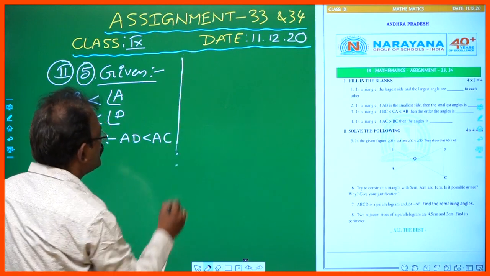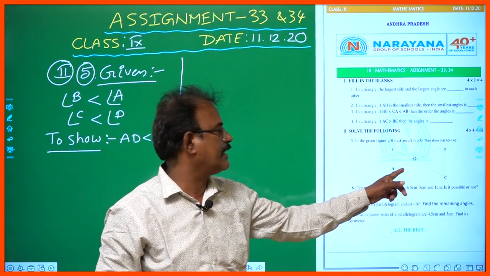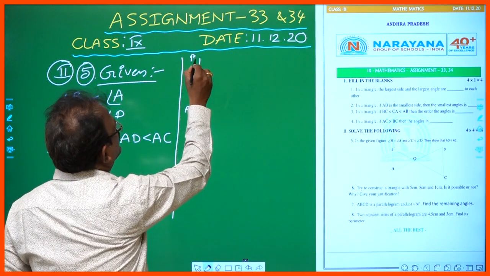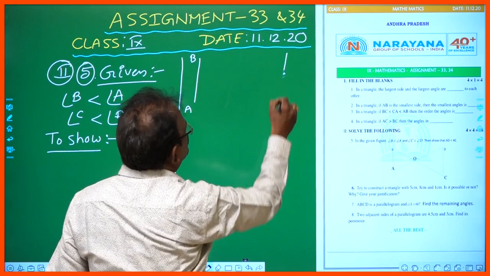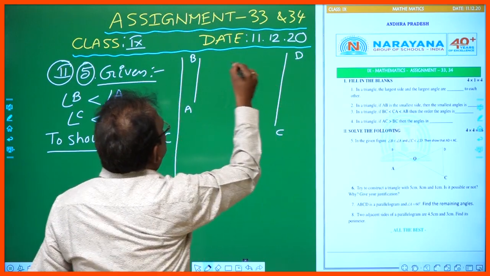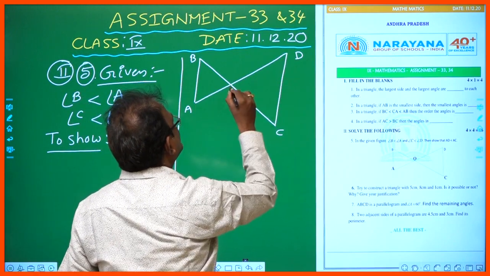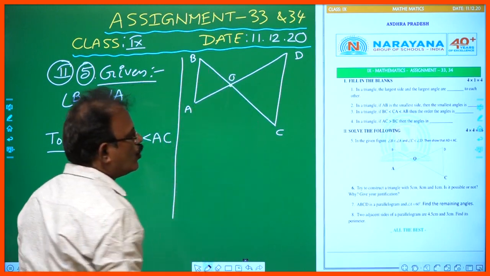Now you see the diagram once. Let us draw the diagram once. This is AB. This is CD. So join B to C, A to D. This intersecting point is O.